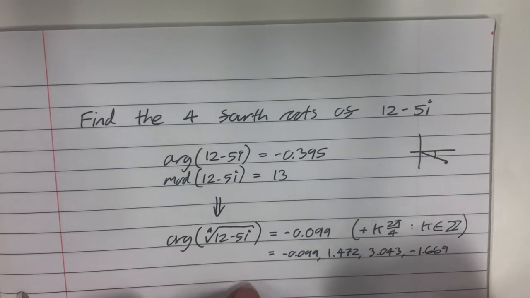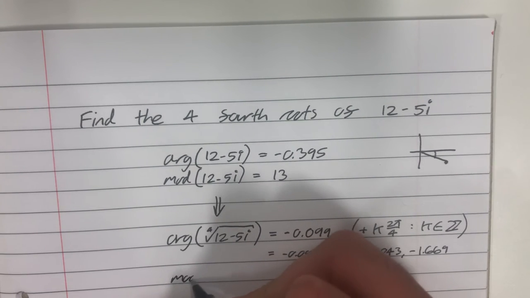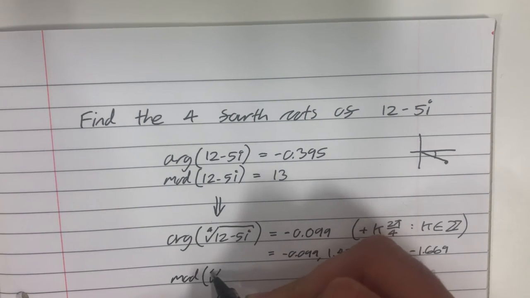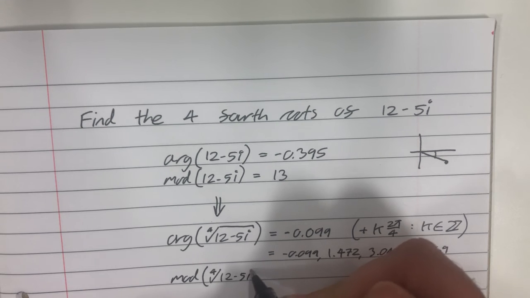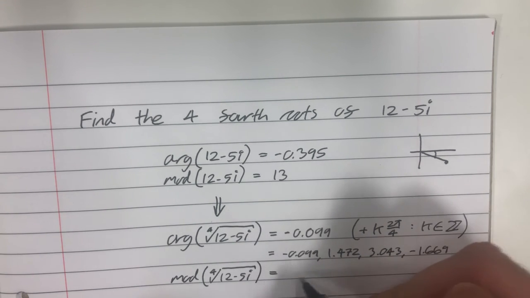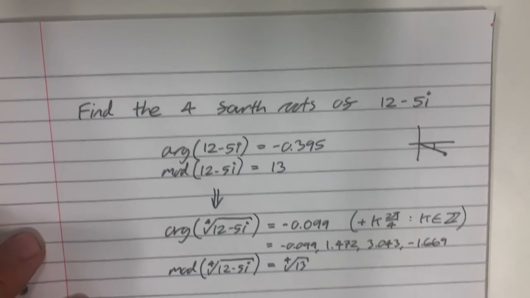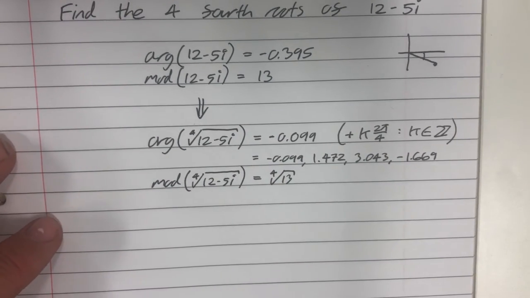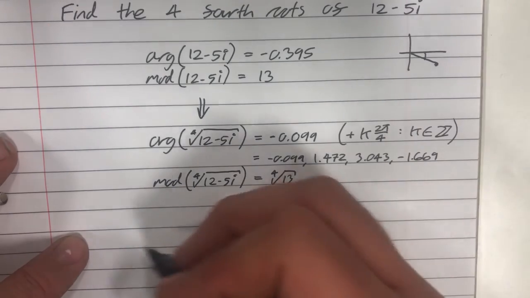So those are my 4 arguments, and then the modulus of the 4th root of 12 minus 5i is equal to the 4th root of 13. So from there, again, I can state it in exponential form.